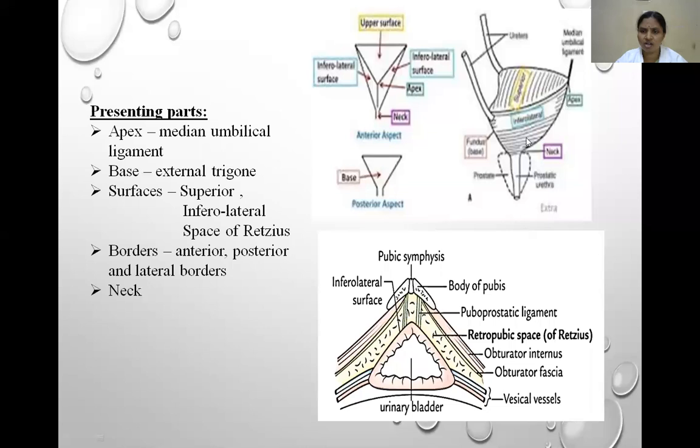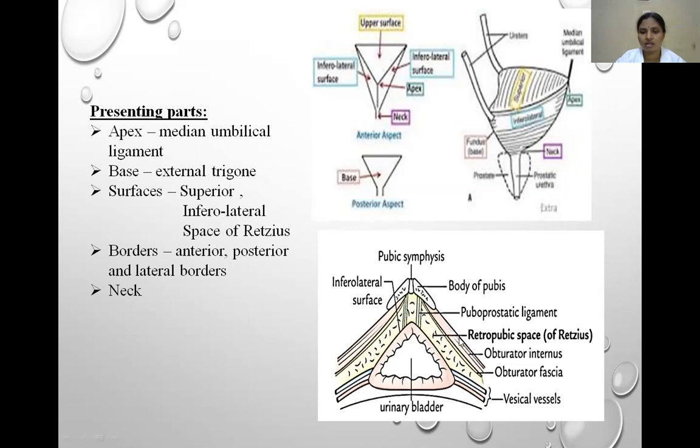This inferolateral surface is related with a space, which is known as space of Retzius. Here you identify the lower section. You take a section at the level of the fundus. Anteriorly this is the pubic symphysis, then this is the body of the pubis.